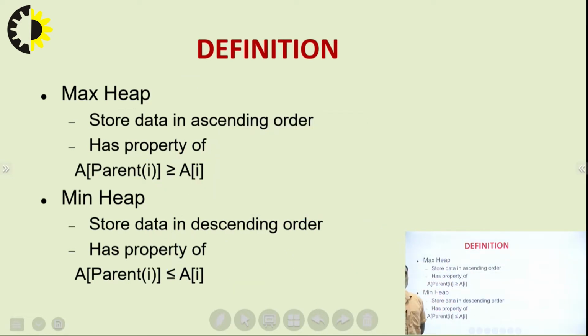So now we can formulate max heap and min heap: for max heap, the value available at parent of I will be greater than or equal to the value available at A[I], and for min heap the value available at parent of I is less than or equal to the value available at A[I].